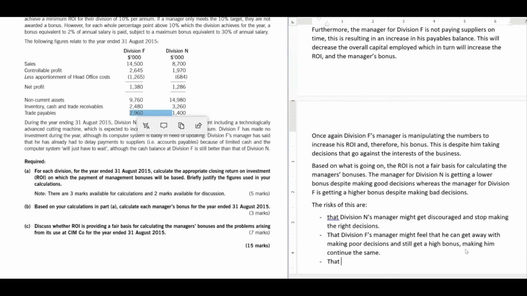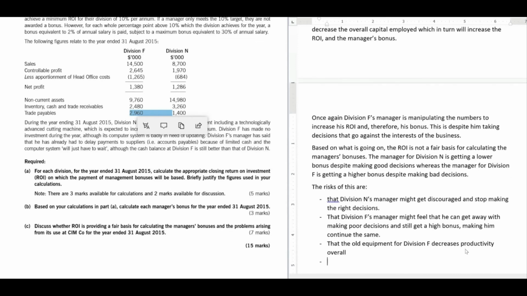Okay, that the old equipment for Division F decreases productivity overall, right? That the suppliers for Division F stop doing business with the company due to the delayed payments, right?